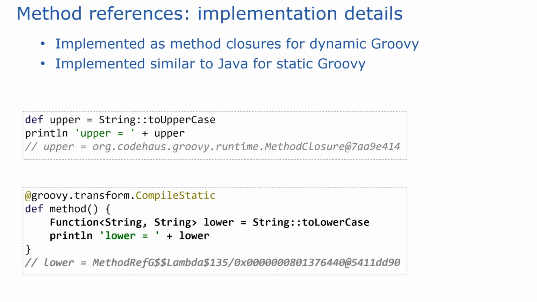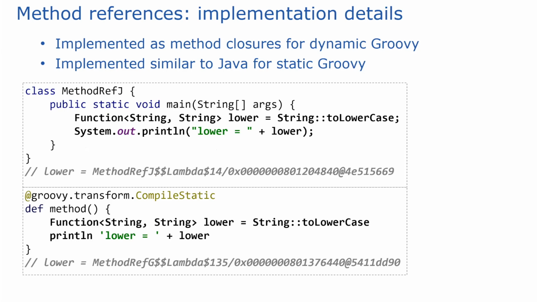As it turns out, if you've got code that we're compiling statically, we will give you the same native implementation that Java would give you. So if you want the highly efficient implementation, put your references inside a compile static block, and you get the same as what Java would give you, but you won't be able to use .curry, .memoize, and all of those.